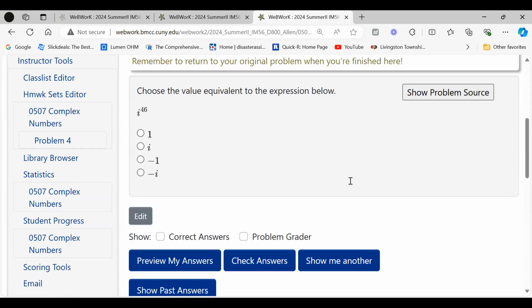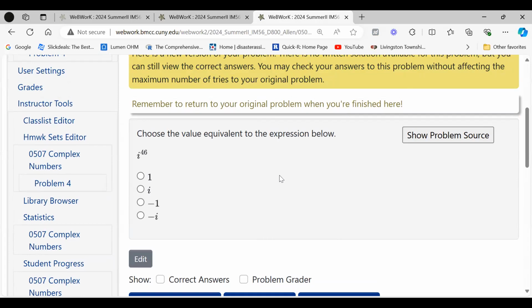No, let me try a different one. i to the 46. Any suggestion?